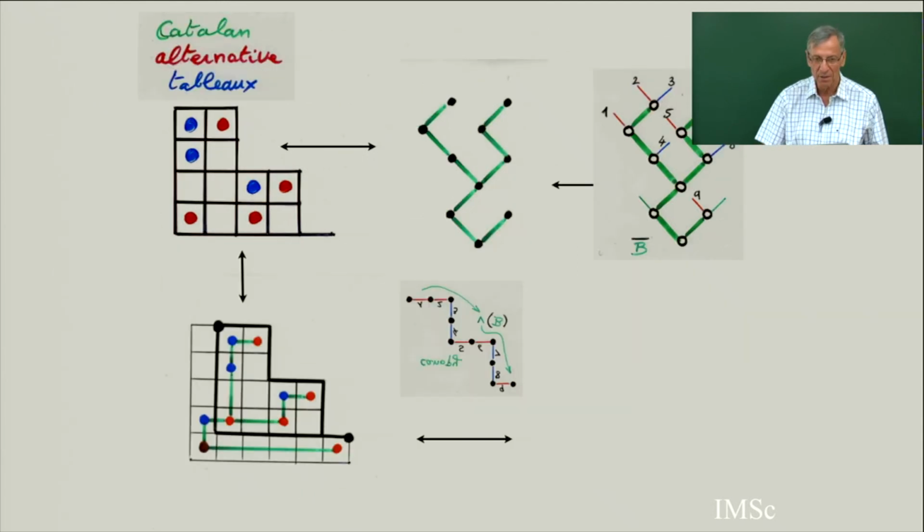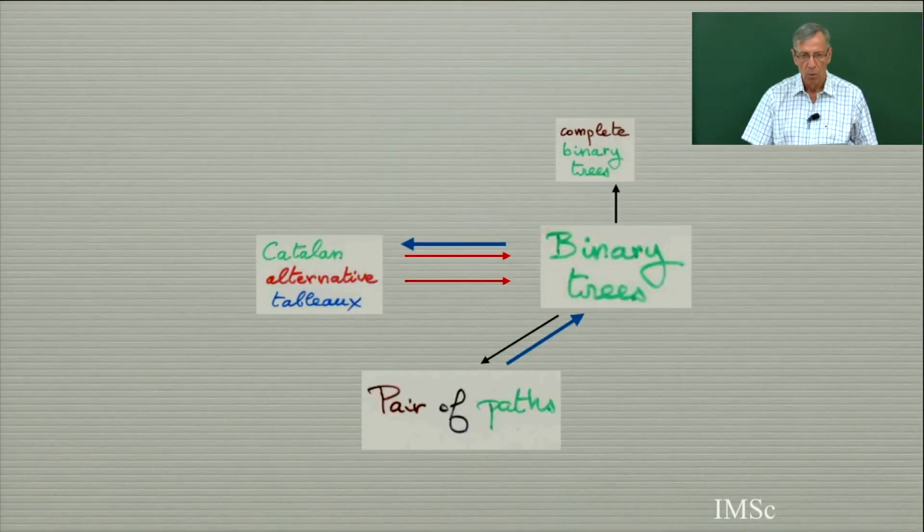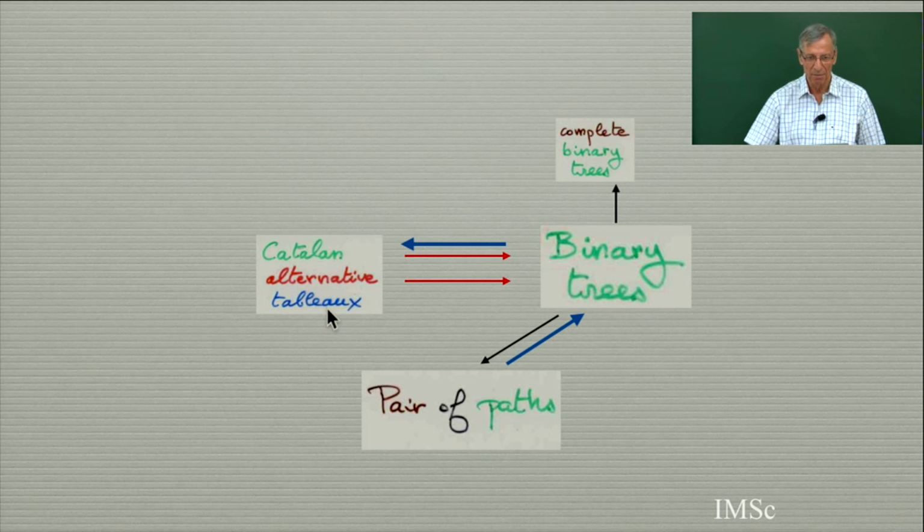And so you get this commutative diagram. Not yet, no, not yet. I have to complete this diagram by giving a bijection here.